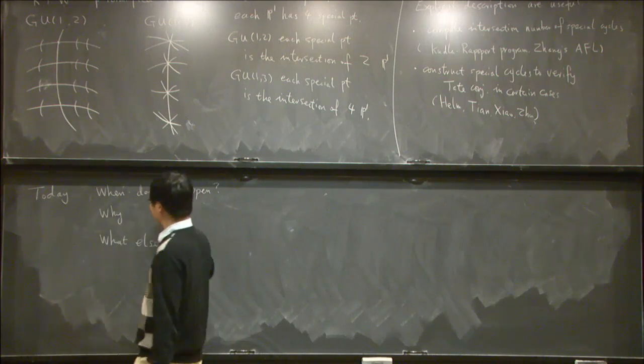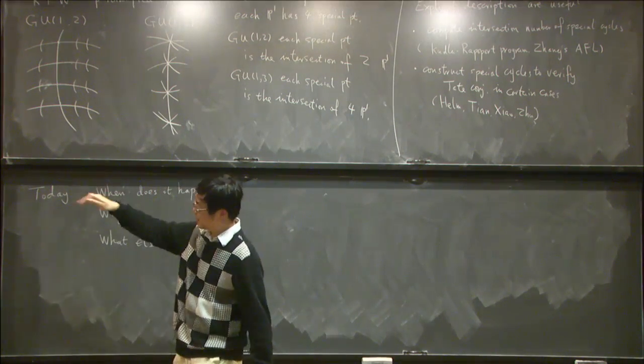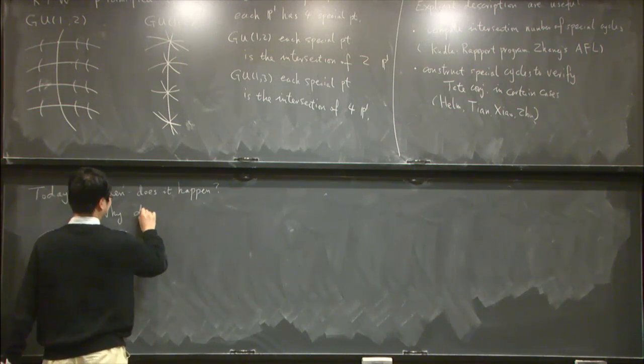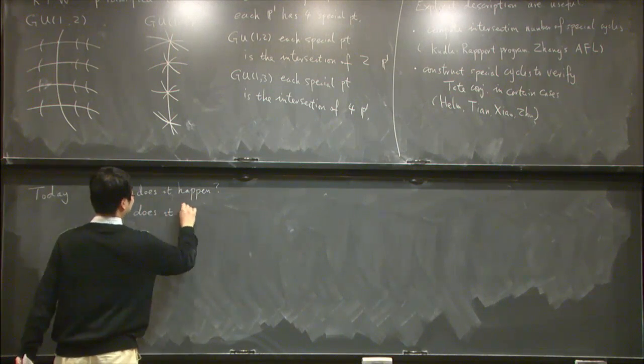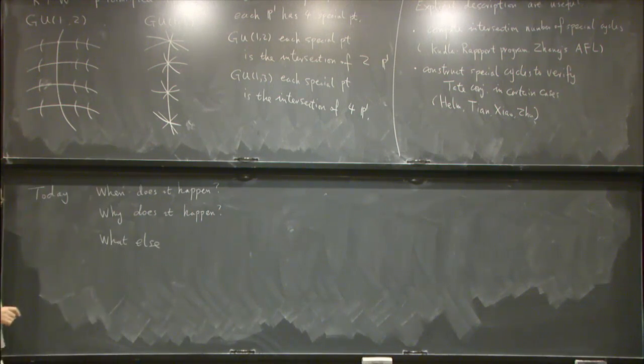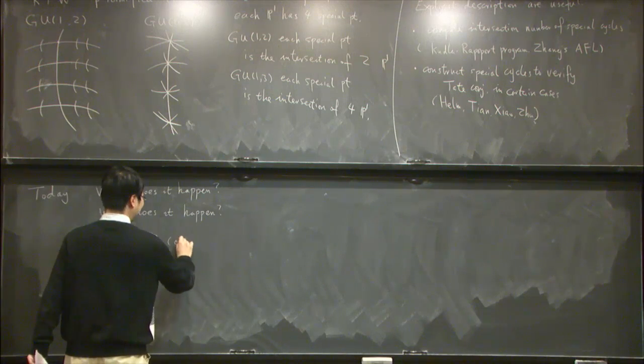I'm going to give the classifications for those certain cases. And I'm going to explain why it happens in these cases. And also I want to say what the other nice properties are.